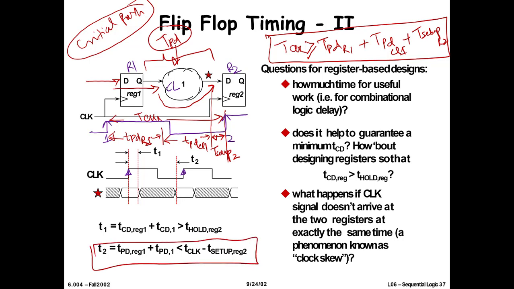The second equation that we have talked about is this one: in order for this circuit to work, the contamination delay of R1, which tells us for how much time the value at the output of register 1 will remain old, plus TCD of CL1, which tells us for how much time the value at the output of combinational logic will remain old, combined should be greater than the hold time of register R2.